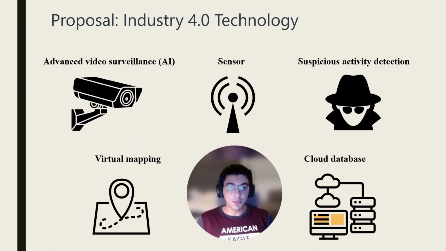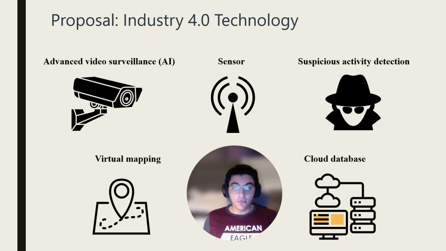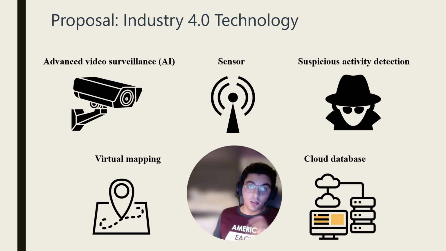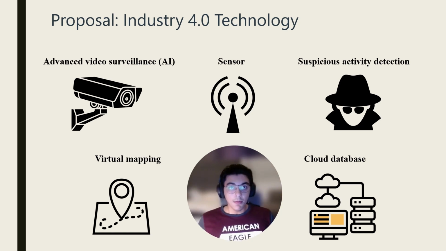In order to improve security booths and turn this workstation into a workstation 4.0, me and my team decided to implement a wide variety of Industry 4.0 technologies. The first one is an advanced video surveillance powered by AI, meaning that it is capable of understanding what's happening in real time. The second one would be basically creating a virtual map.